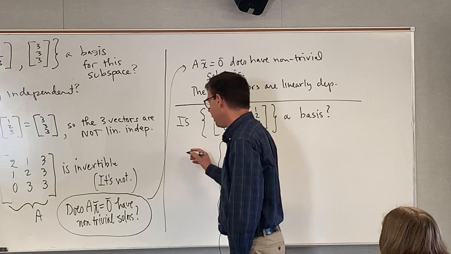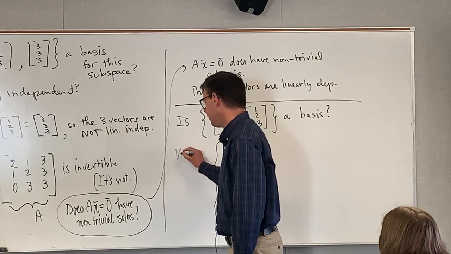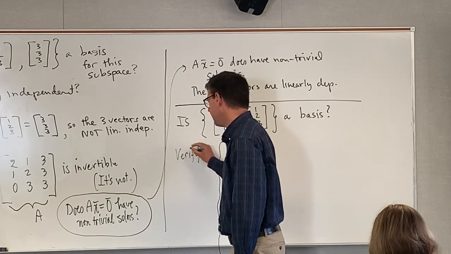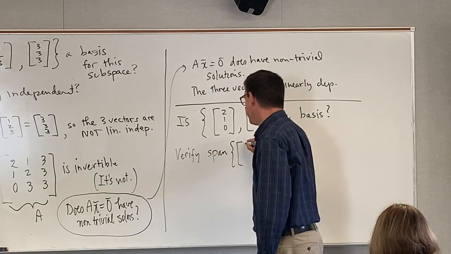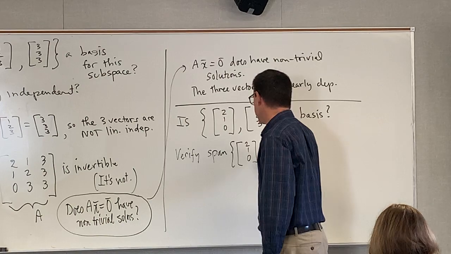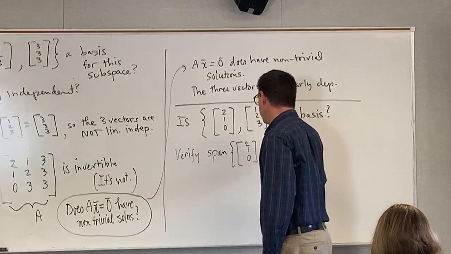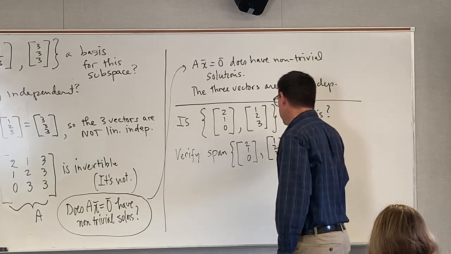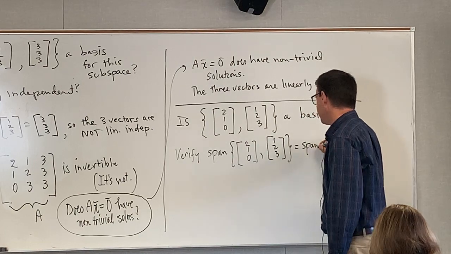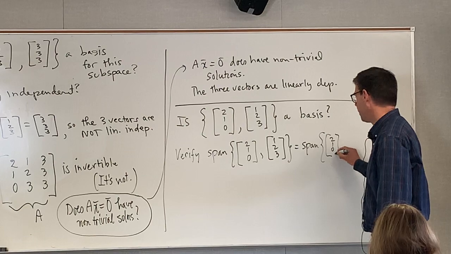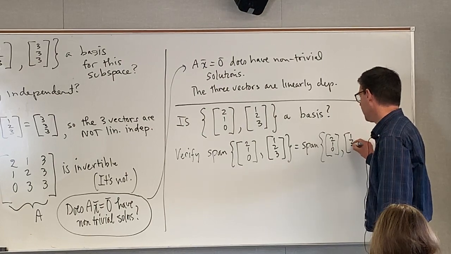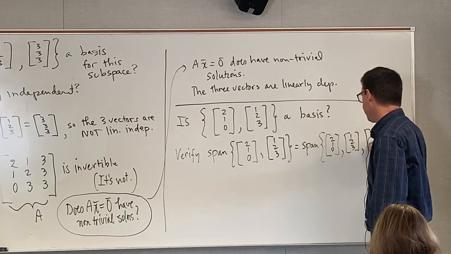Well, we have to verify two things. So verify that the span of these two equals the span of the 3, 2, 1, 0, 1, 2, 3, and 3, 3, 3.